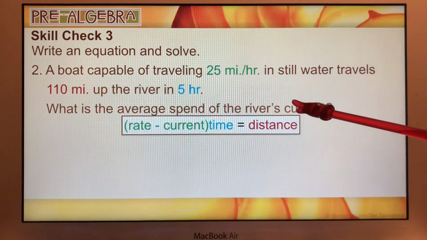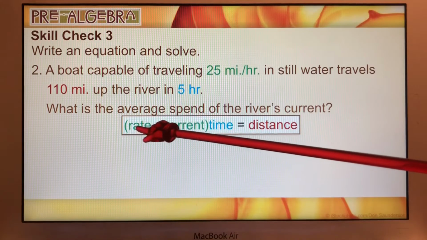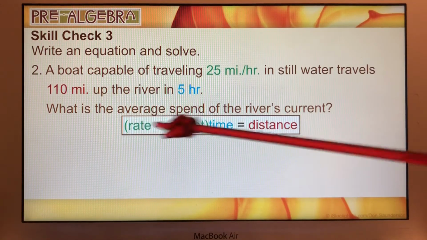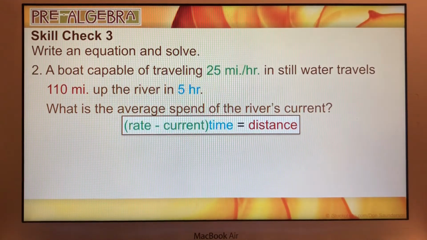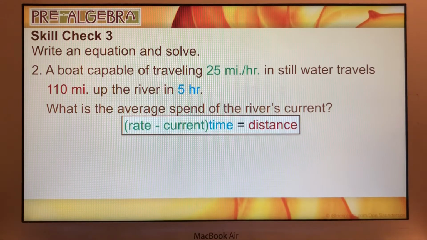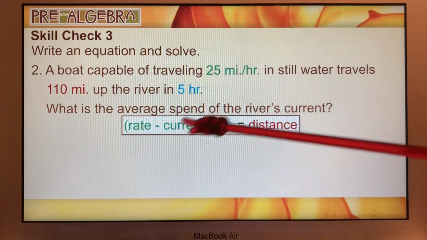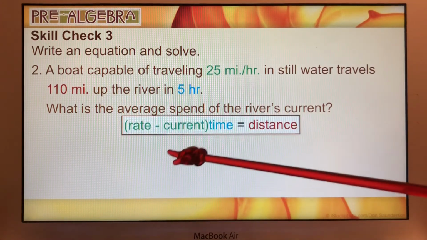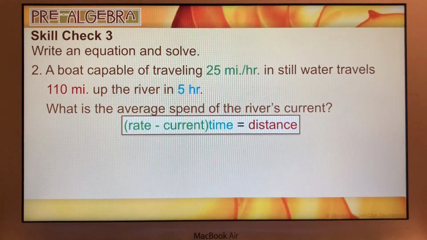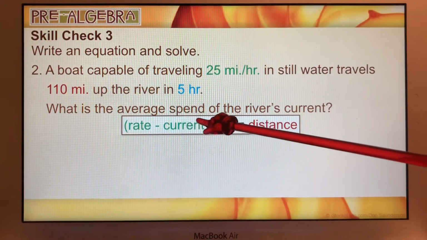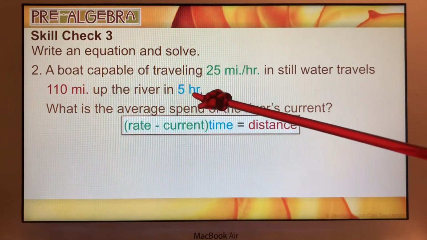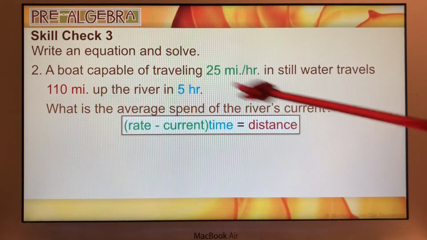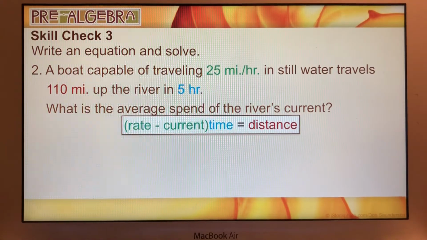So we have the rate, which is 25 miles per hour, but we have to subtract the river's current from that. That's what we're trying to find, so we're going to leave that as C. The time is 5 hours, and our distance is 110 miles.